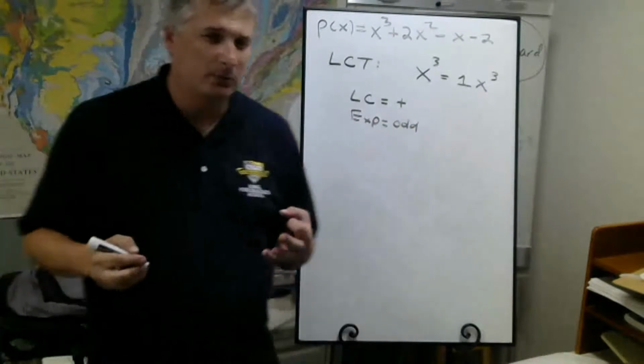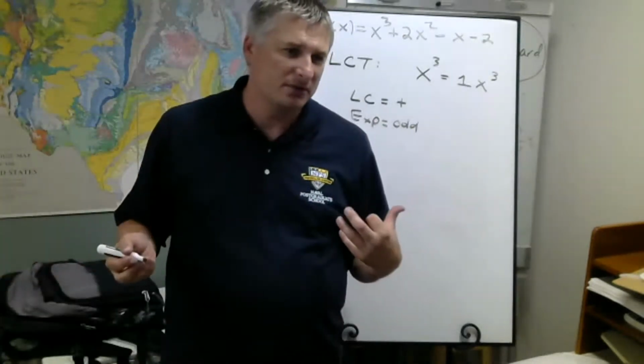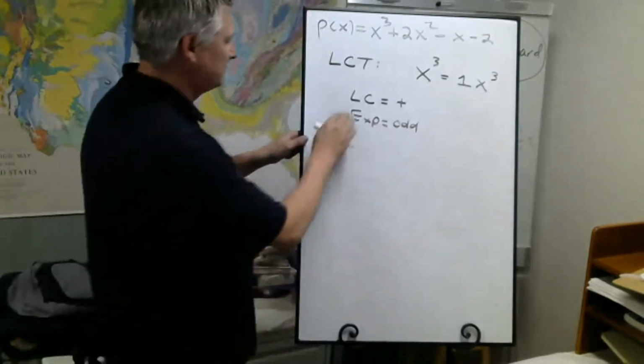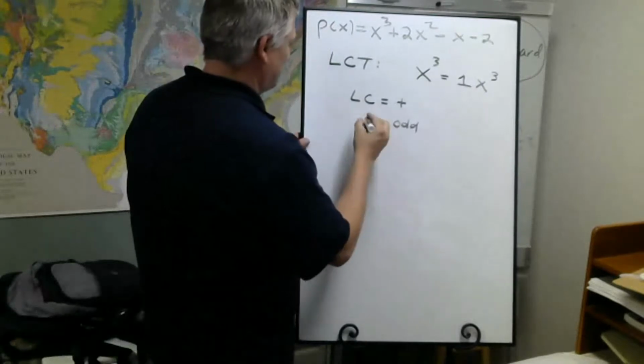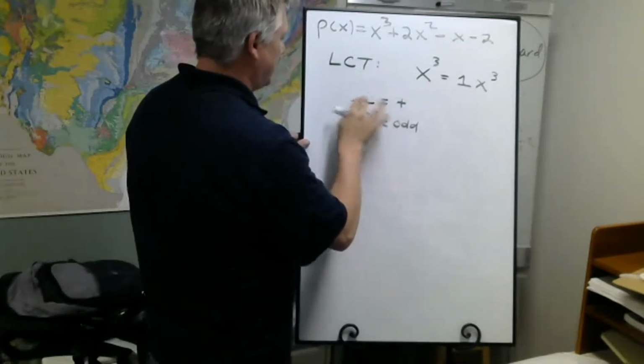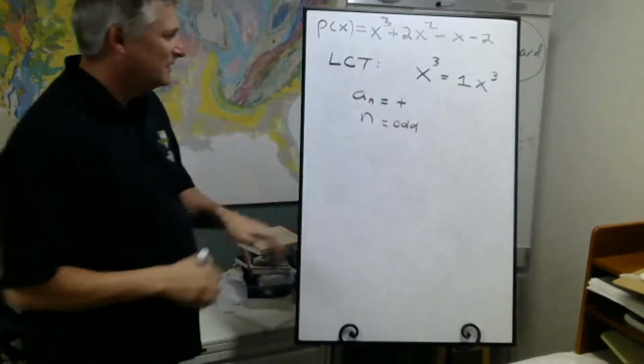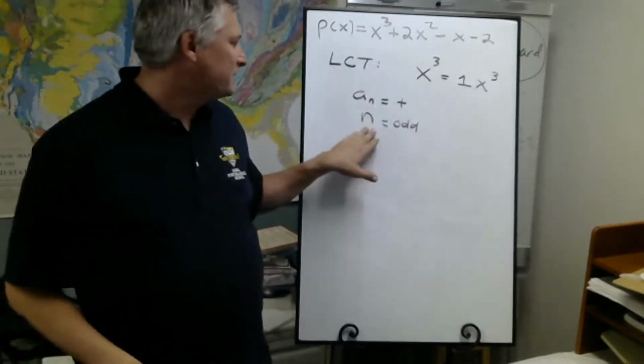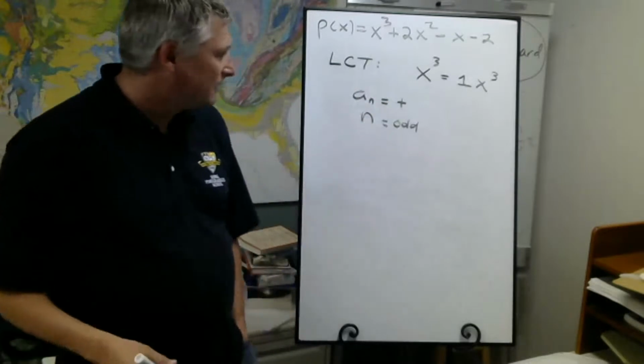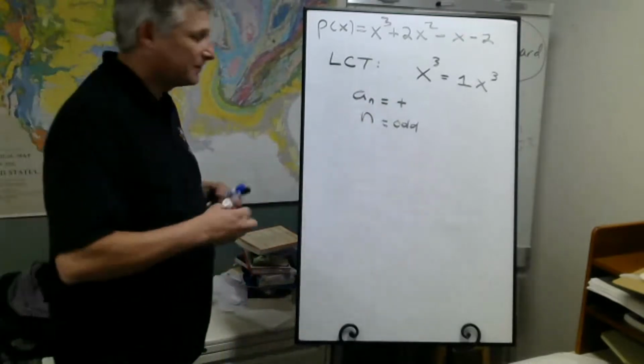So if we look at our little table with a lead coefficient that's positive and an exponent n that's odd, I think we call this an. So lead coefficient's positive, exponent is odd. That means we have this.